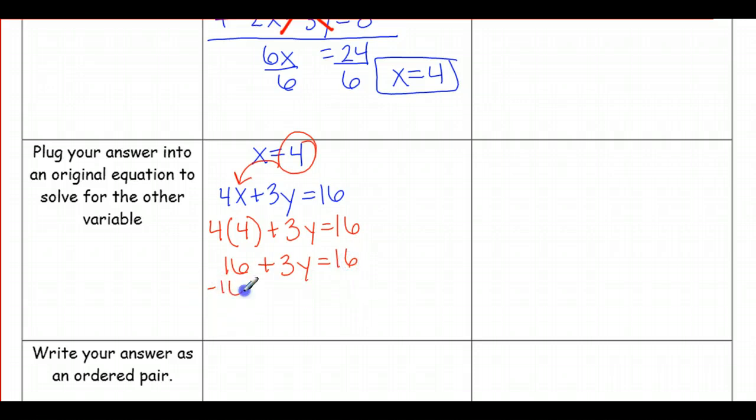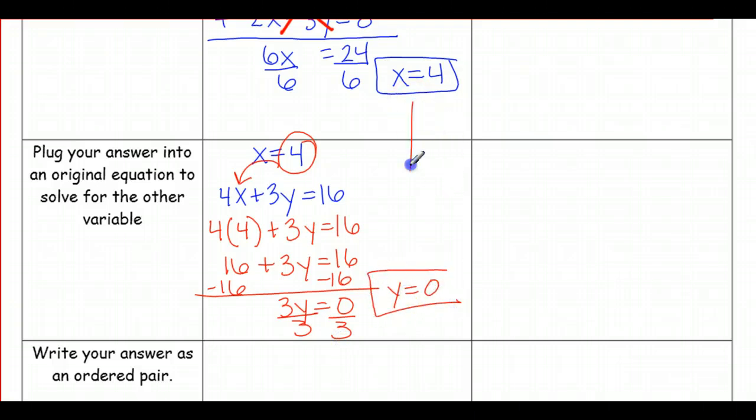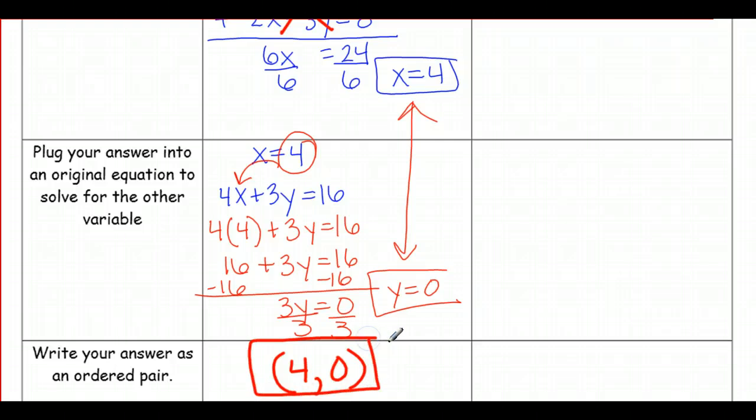Subtract 16 from both sides of our equation, and 3y equals 0. Divide both sides by 3, and we get that y equals 0. So now that we have x and y, we can write our solution. Remember, we always write a solution as an ordered pair, x, comma, y. So the solution to this system is (4, 0).